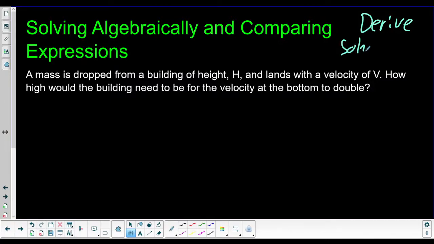They might say solve, but they'll say things like "in terms of," and then they'll give you a bunch of variables. So I think usually derive is how they're going to say it.